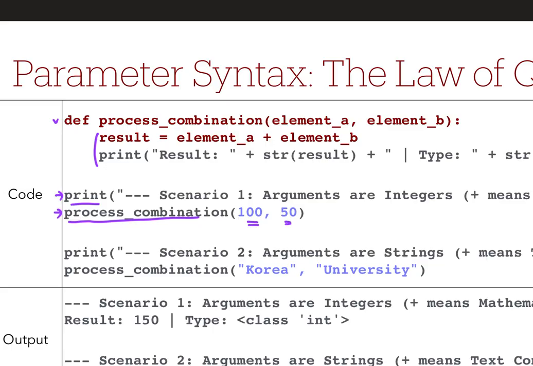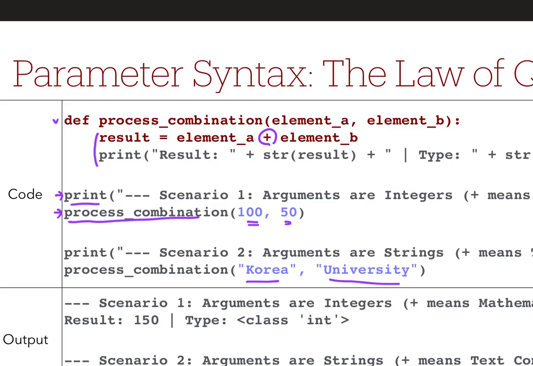In that case, this addition will perform the addition of 2 integer values. But I can call this function with, say, 2 text strings. In that case, the plus sign implies the concatenation of 2 text strings.